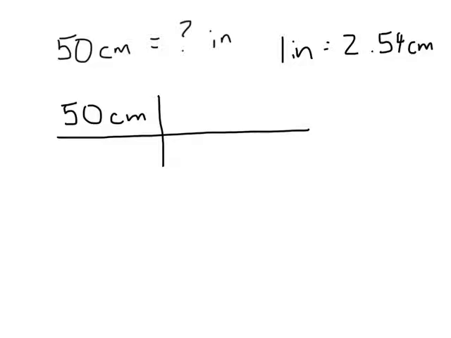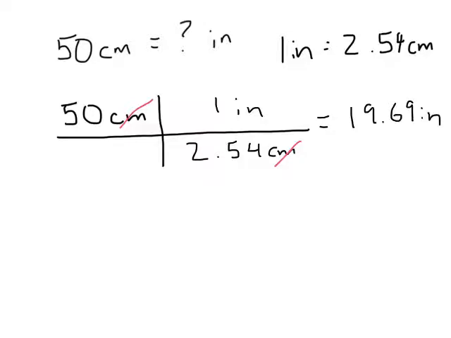I have centimeters on the top, so that forces me to put the 2.54 centimeters on the bottom and the 1 inch on the top, and I'm doing that so that I can cancel out my centimeters. When it comes to calculating, multiply by everything on the top, divide by everything on the bottom. This is just one step, so 50 divided by 2.54, and I get 19.69 inches as my answer.